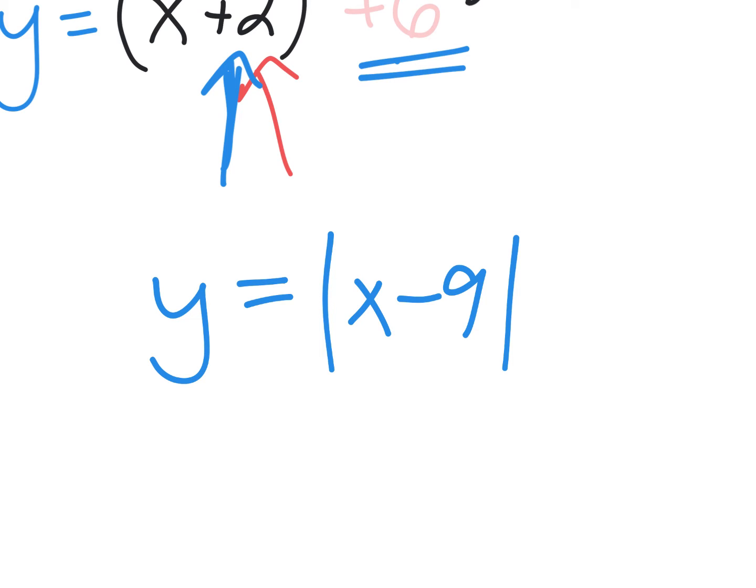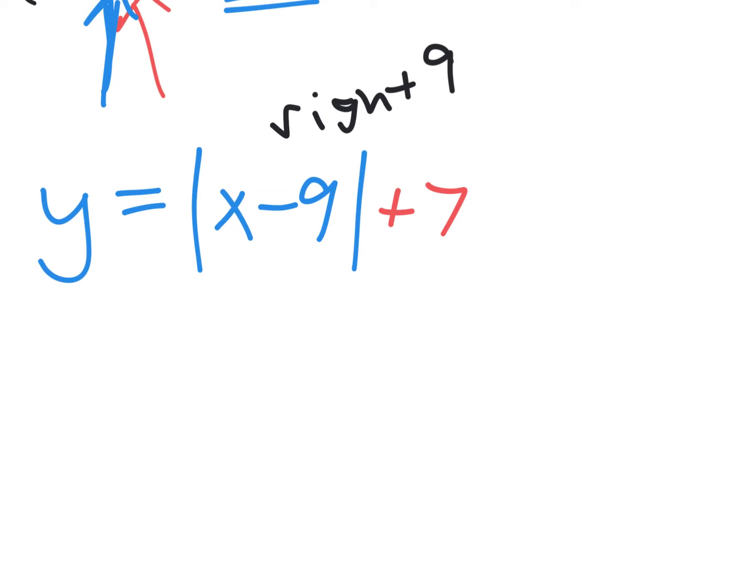Right. Right is correct. The right 9. What if I put a +7 over here? What would that seem like it should do? Go up 7. And can I trust that? Yep.